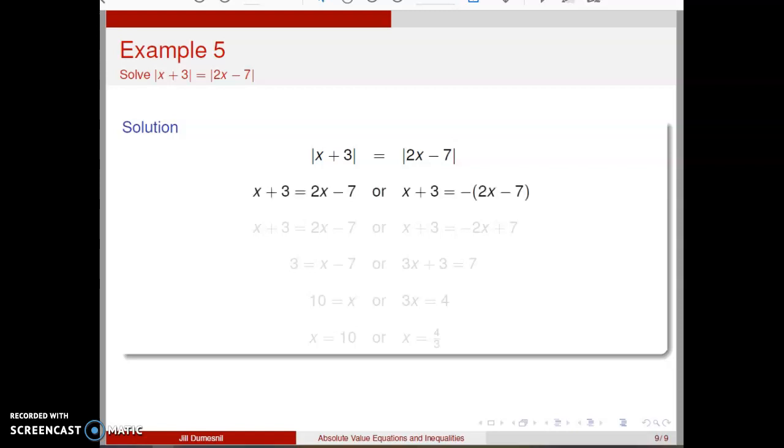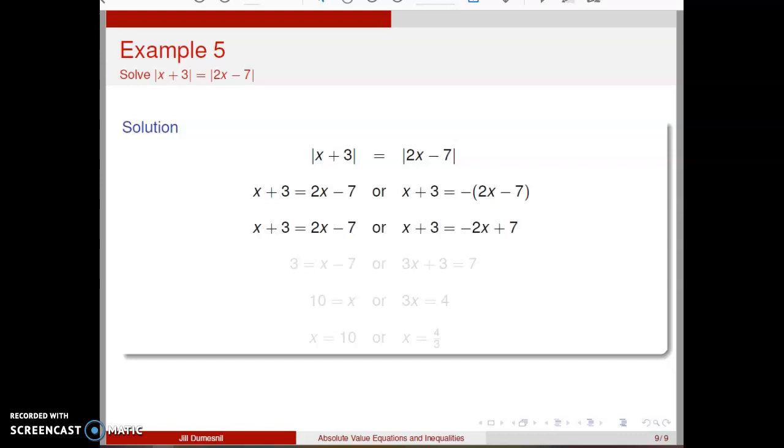Therefore, we get two equations: x plus 3 equals 2x minus 7, or x plus 3 equals the opposite of 2x minus 7. It doesn't matter whether we put the minus on the left-hand quantity or on the right-hand quantity, but it only goes on one of them. Also notice on the side with the negative, we definitely need parentheses.